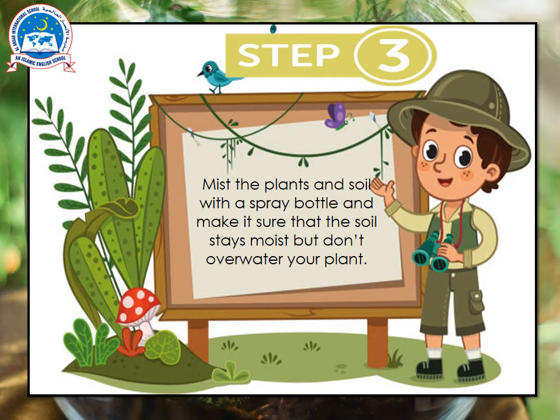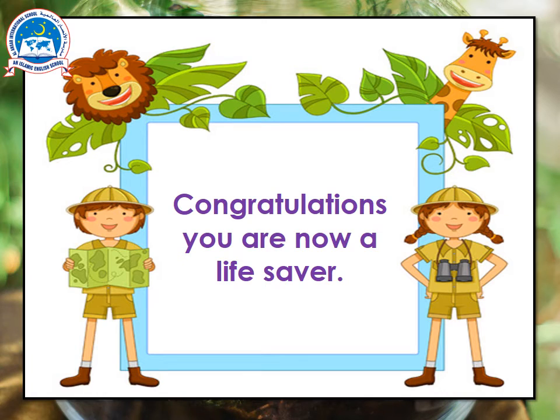The final step is you mist the plants and soil with a spray bottle, which means you put enough water in it to keep the soil damp or moist. It should not be overwatered, or your plant or animal would start floating.